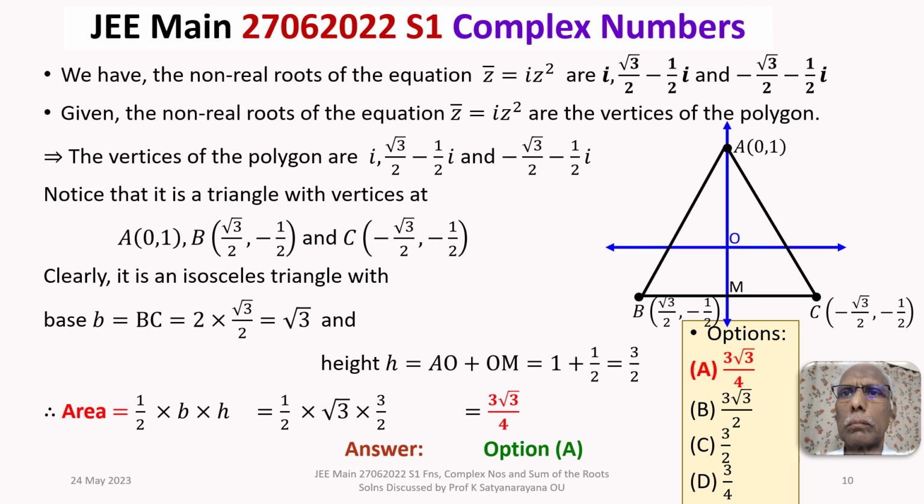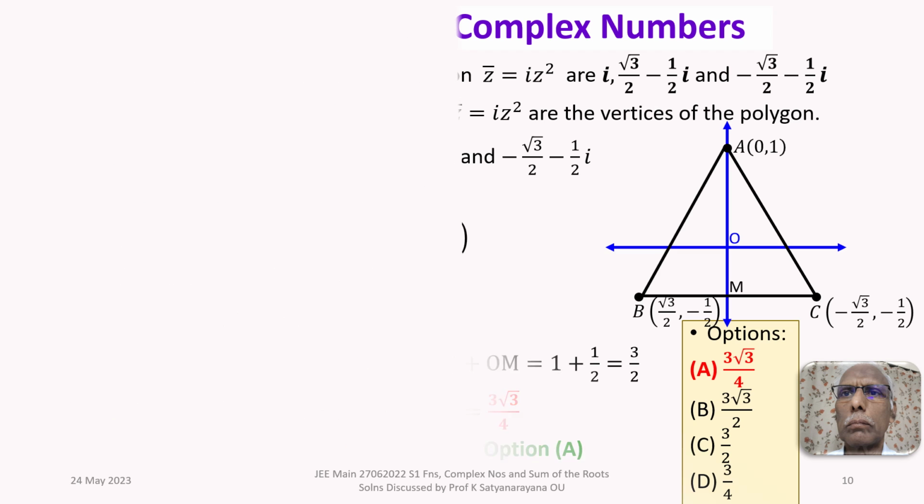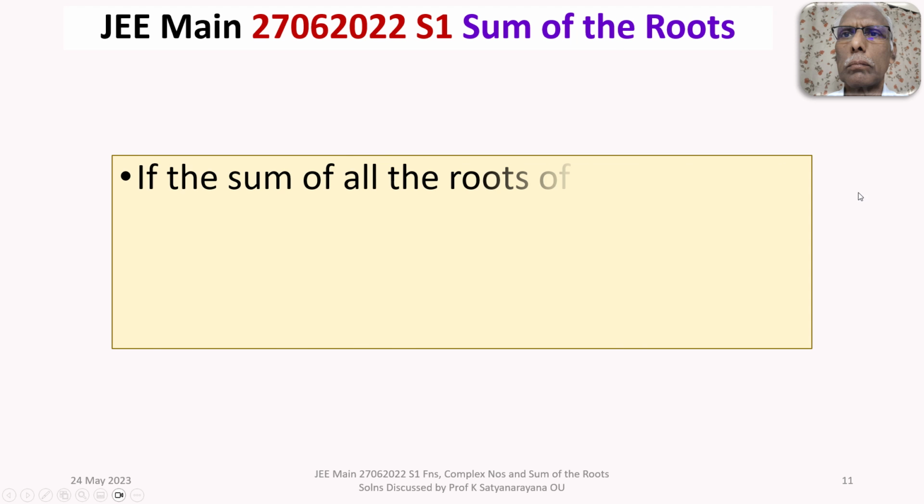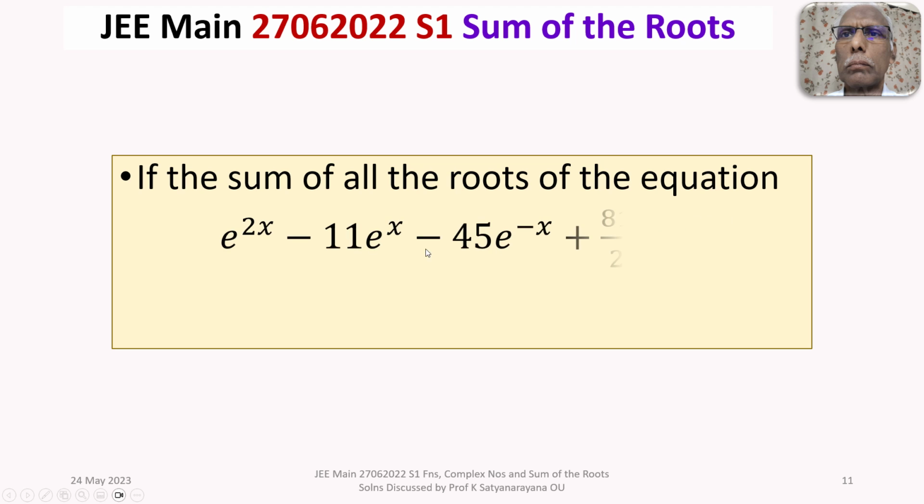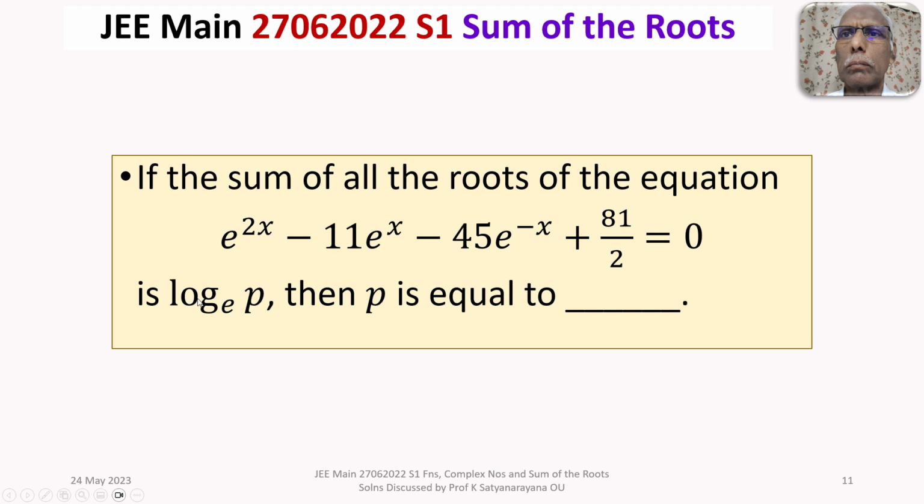We now move to the third question. The third question is on the sum of the roots of a cubic equation. The given question is, if the sum of all the roots of the equation e power 2x minus 11 e power x minus 45 e power minus x plus 81 by 2 is equal to 0 is log p to the base e, then p is equal to?